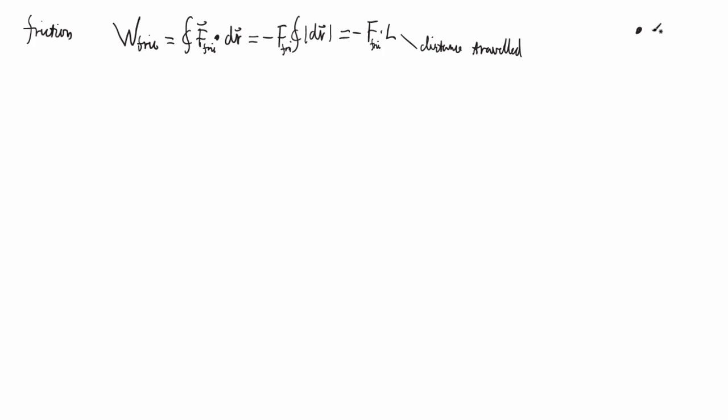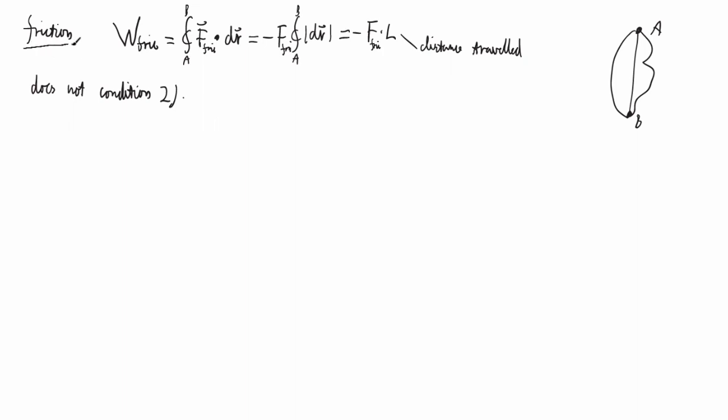So if you're starting here at A, going to B, the different paths are different lengths, and therefore the work of this friction going from A to B is going to be different depending on which path you take. So friction does not satisfy condition 2.